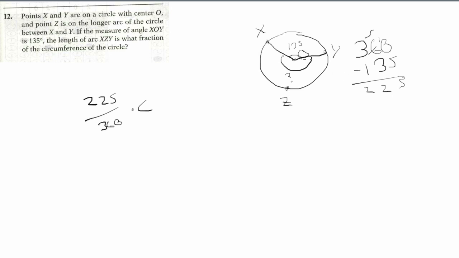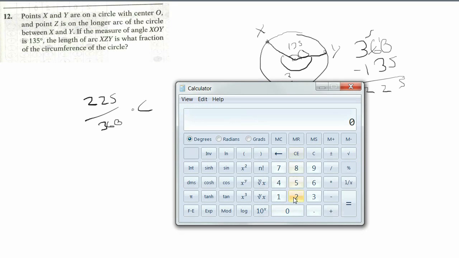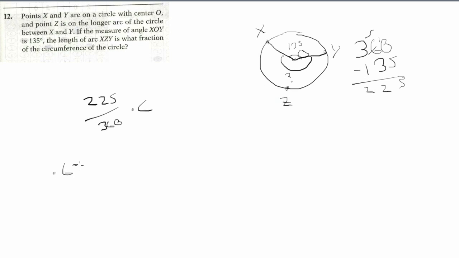The arc we're talking about is 225 of that, so it's going to be this fraction here. So 225 divided by 360 is going to be 0.625, which I believe is 5/8.